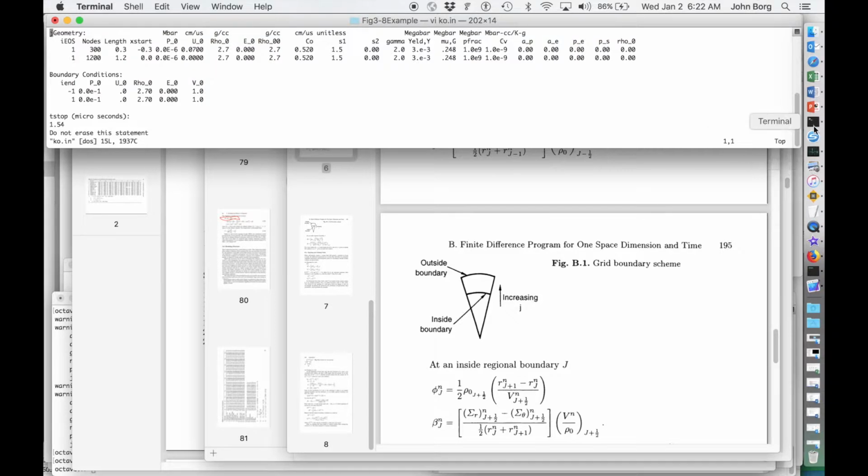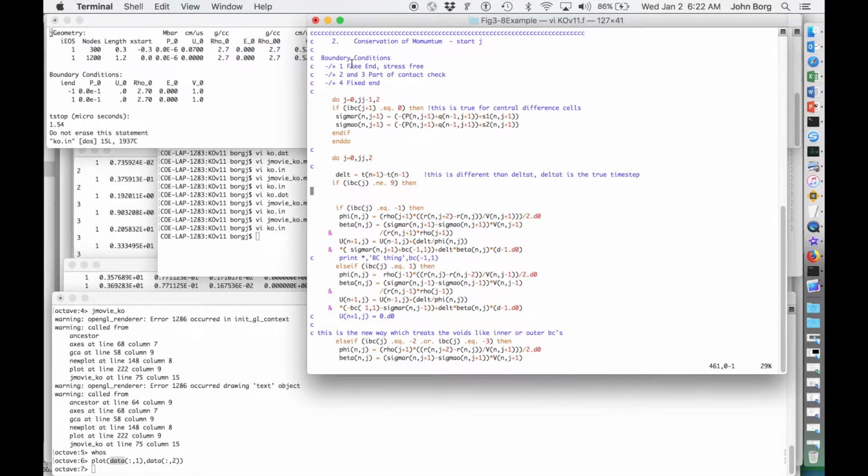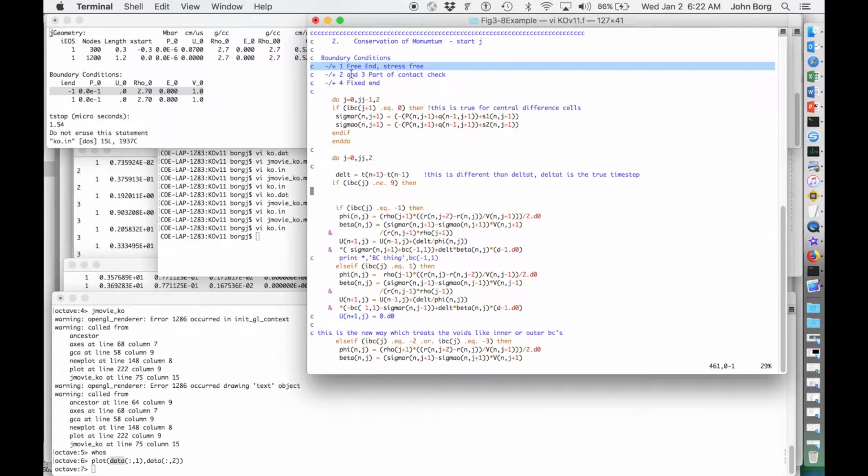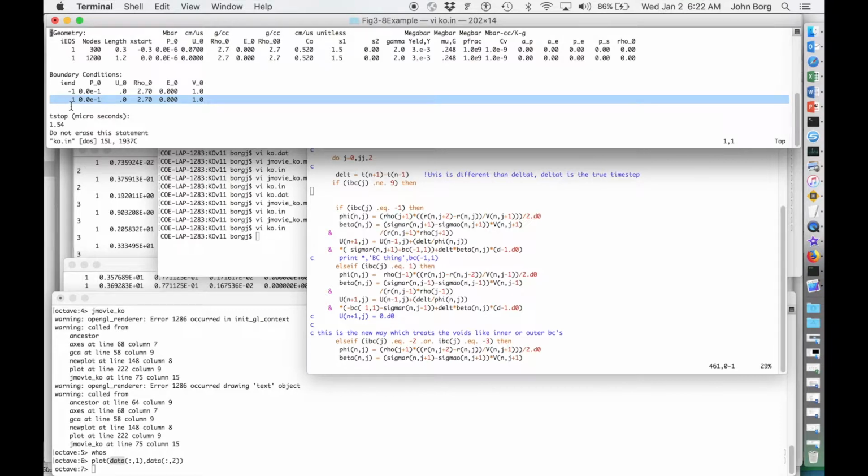And that is shown here in the code, the free surface and a stress-free end. So that's a 1. That means the far left side of the code, which is denoted by the boundary -1. The 1 corresponds to the free end, and the minus sign corresponds to the left side of the computational domain. So here on the line below, the positive 1, I end, means that it's the right side of the computational domain.